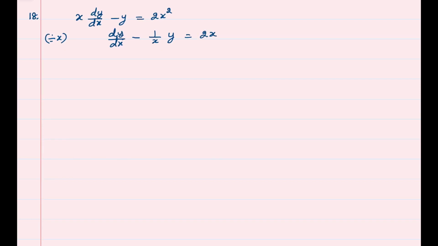Now, this is in the linear form dy/dx plus Py equal to Q, where P, I have told you to take along with the sign, is minus 1 over x, and Q is 2x. Both are functions of x.